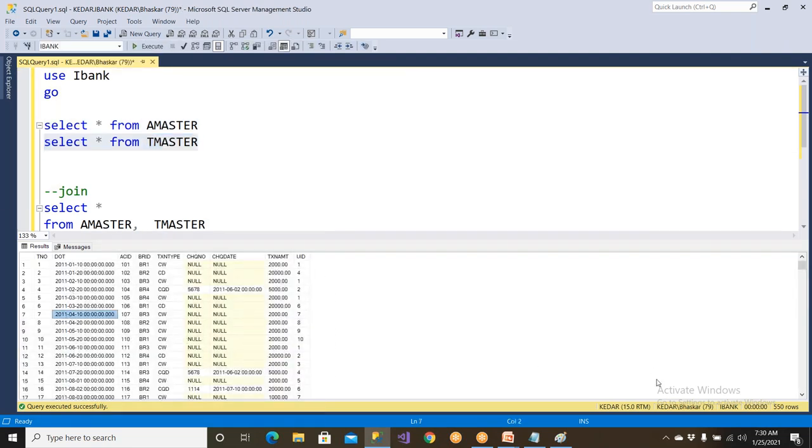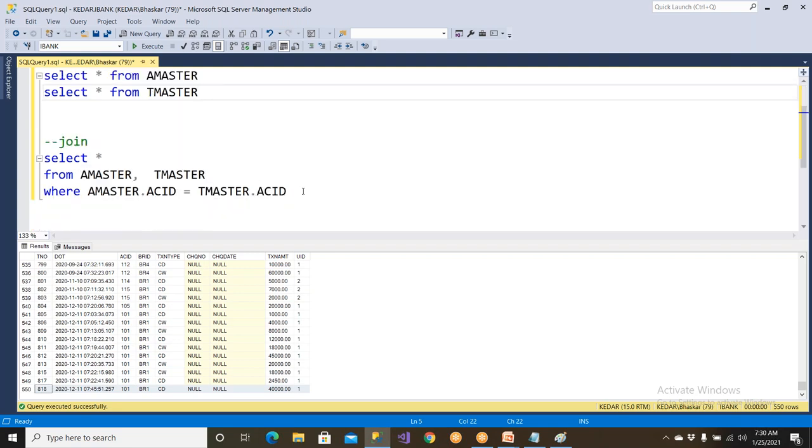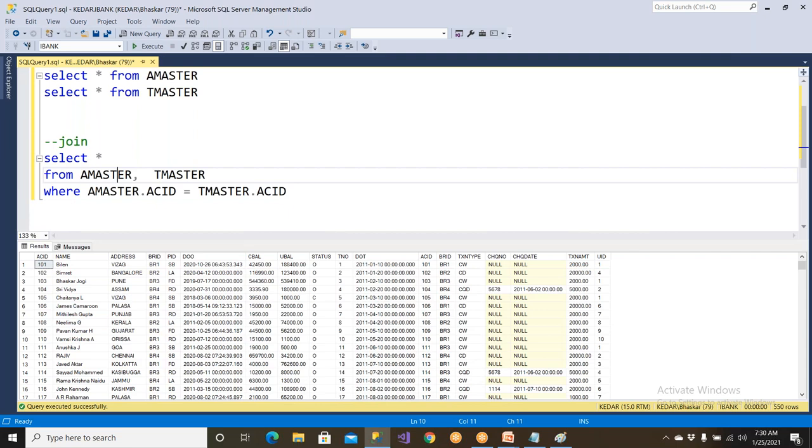So we have 550 records in this table, and that data is now linked to this data. So the total number of rows we're going to get is this. This is very, very simple, and this is how we can get it.